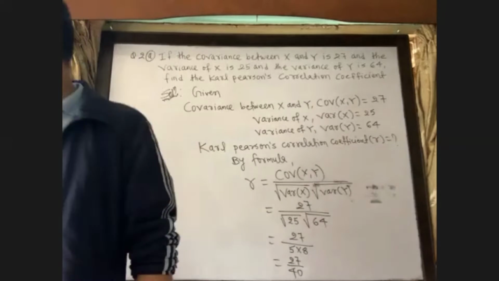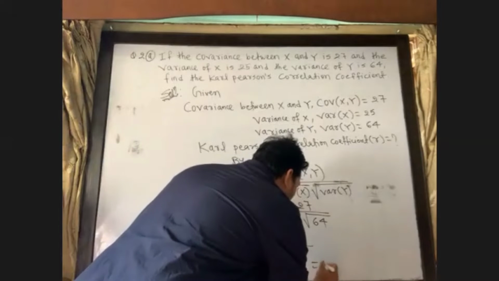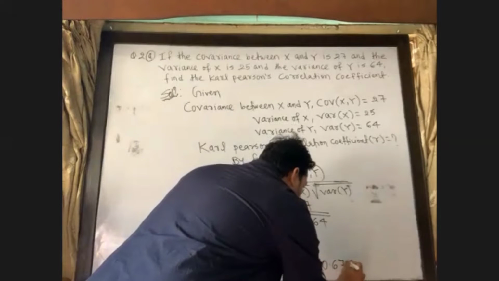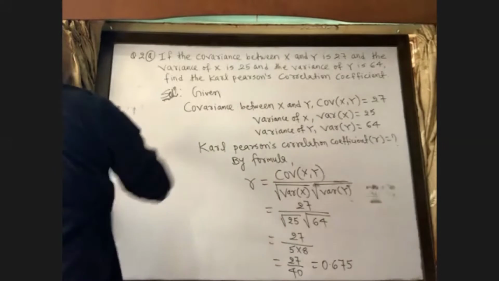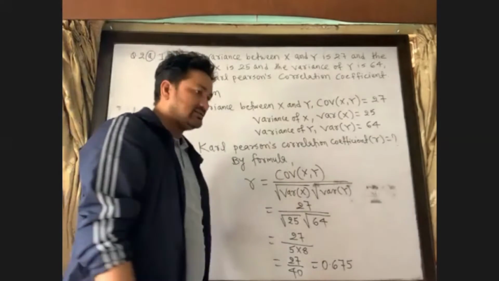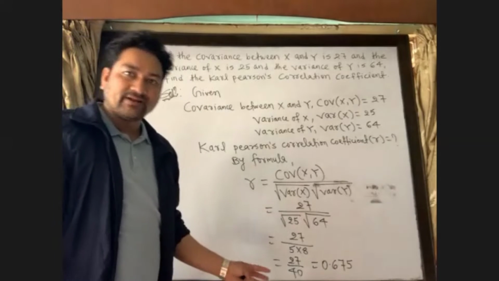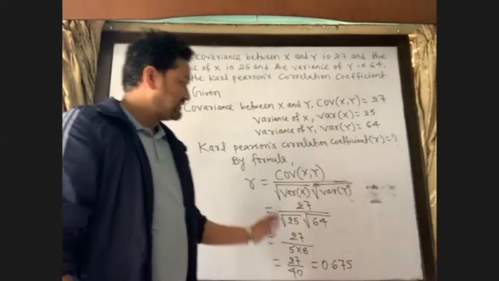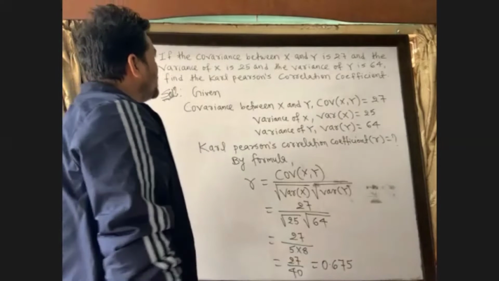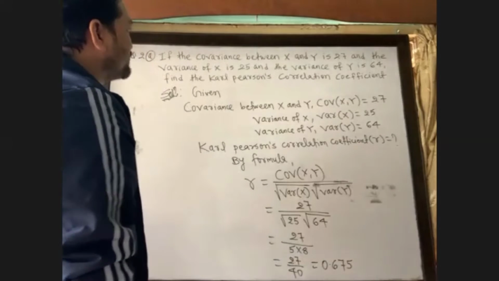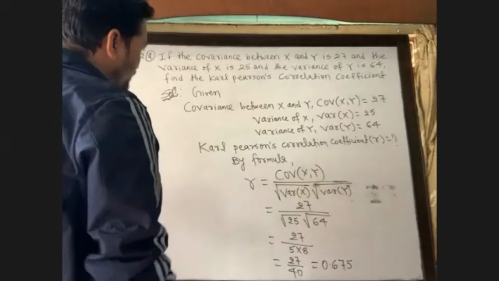Now let's divide: we found 0.675. We are only asked to find the Karl Pearson's correlation coefficient, not to interpret the result, so 0.675 is the answer. Hence the Karl Pearson's correlation coefficient is 0.675.